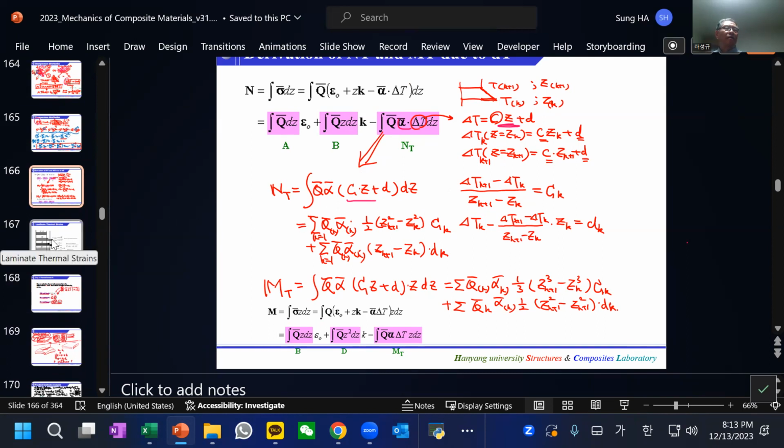Okay, that is all the equations we need to develop the Excel tools. And now in Excel, we specify all the inputs: the material properties, layup sequence and temperature distributions.